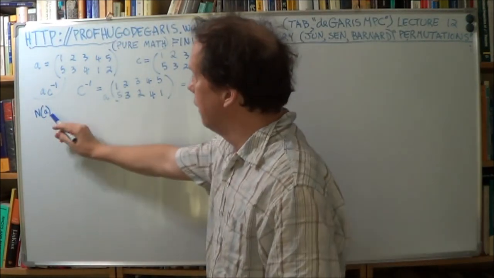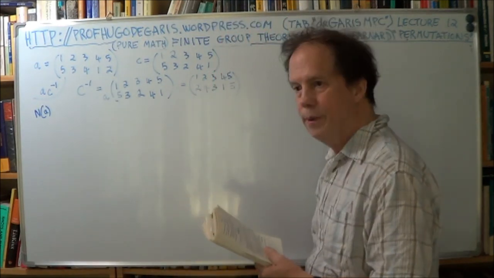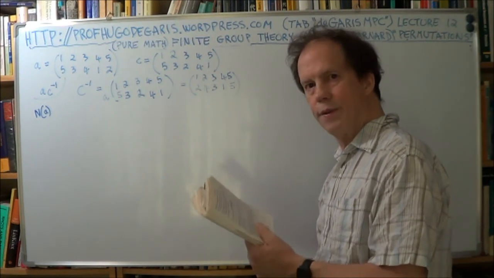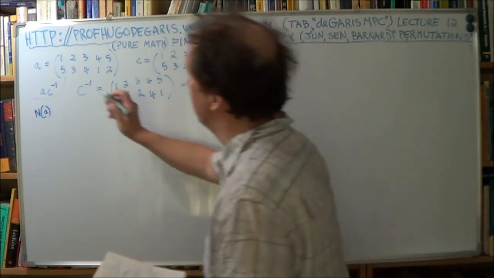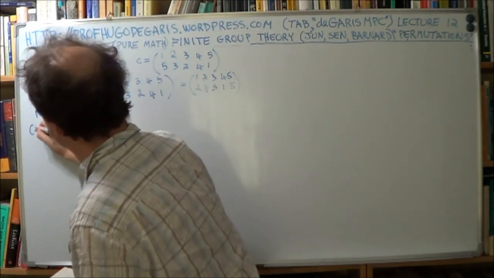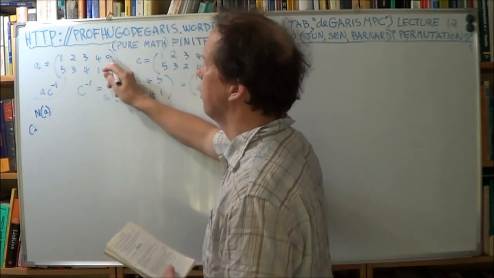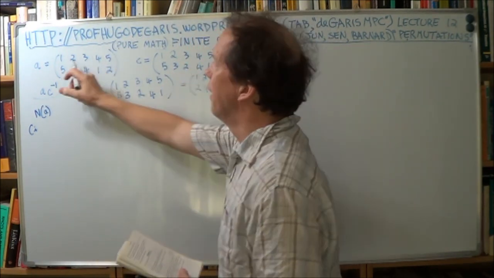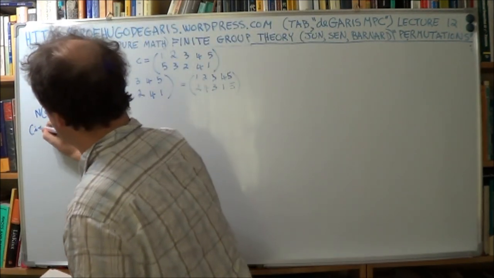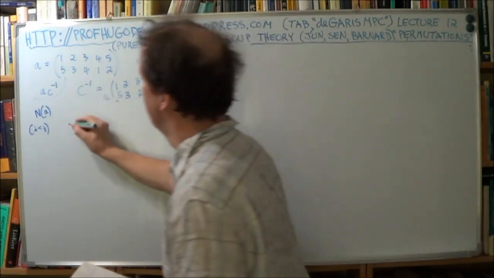So we have to find the number of reversed pairs. Well, firstly, what are all the pairs? You remember, you take two of the upper row, i and j, but i has to be less than j. So how many possible pairs do we have here?